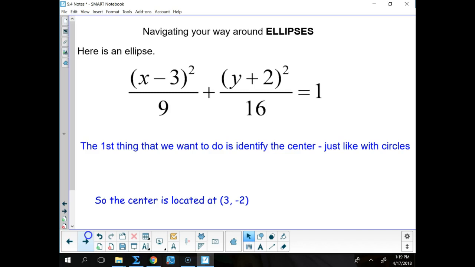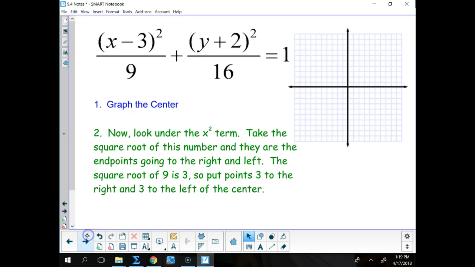Okay. So our first step then would be we would graph that center. And again, I would just put a C at that center. Okay? So now, next, we're going to look at the denominator of the x term.